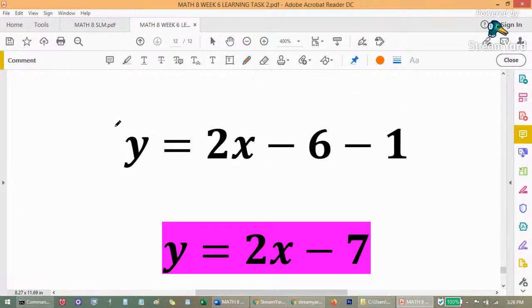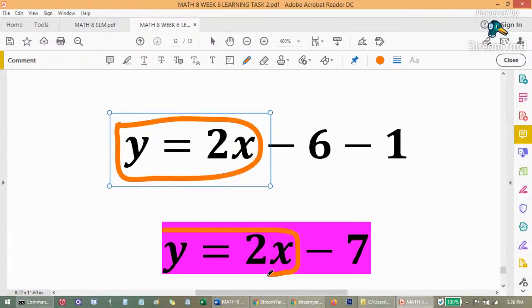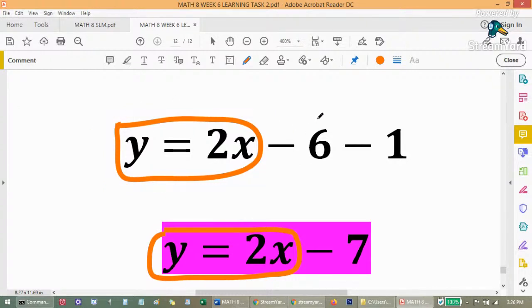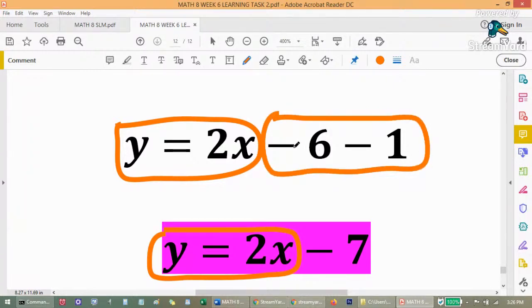So, magiging y is equals to 2x, and then meron tayong negative 6 and negative 1. Okay, since pareho silang negative, pagsasamahin natin sila, magiging negative 7. So, negative 6 plus negative 1 is negative 7.